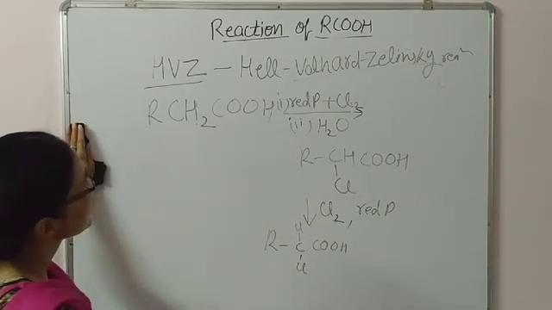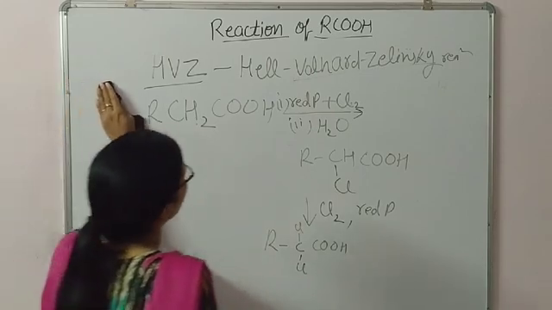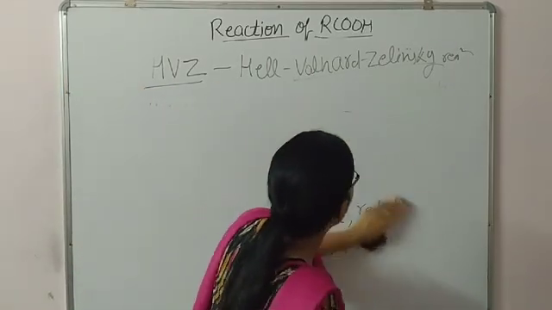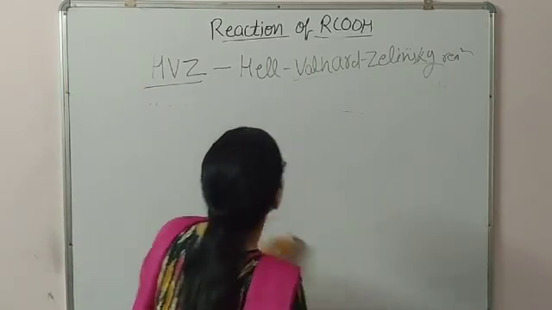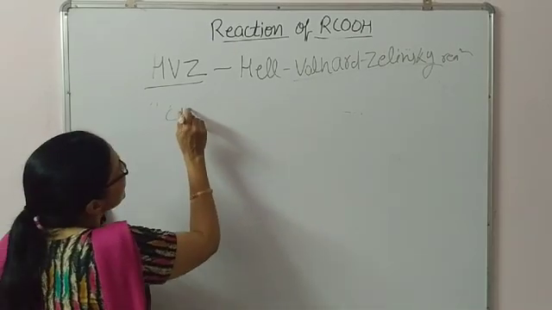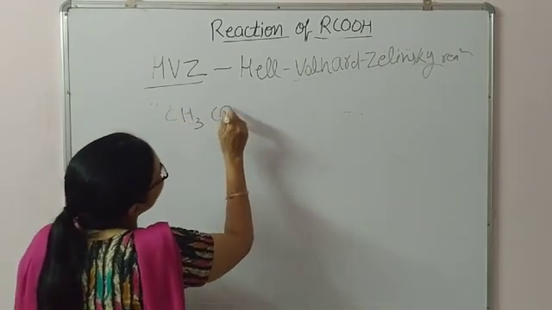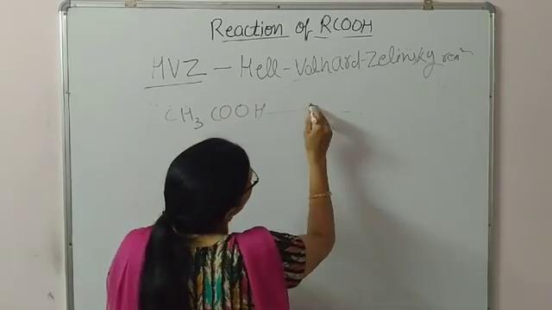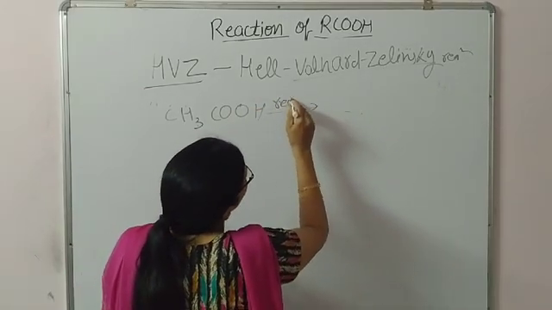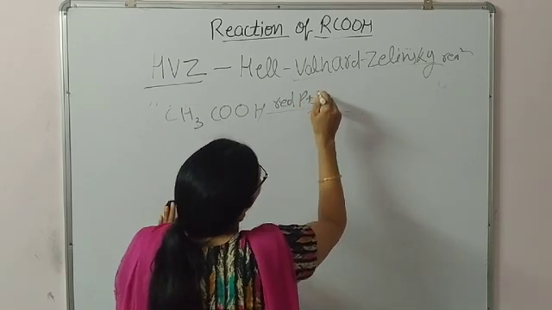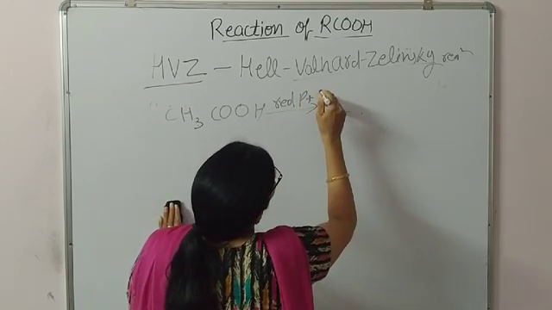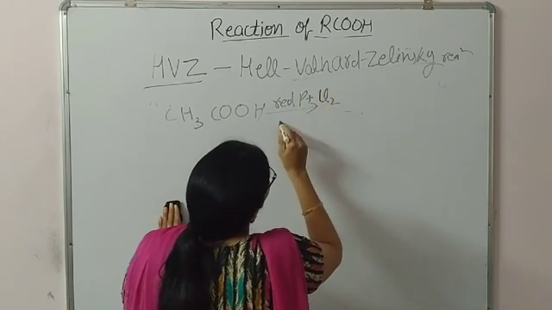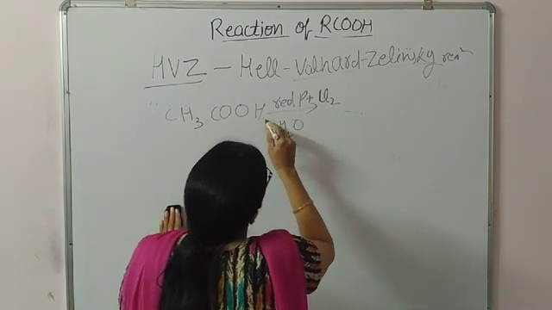I am taking one reaction for this substance, the well-known popular substance CH3COOH. It contains 3 alpha hydrogens. So what will happen? Red phosphorus and bromine or chlorine, in the presence of water.